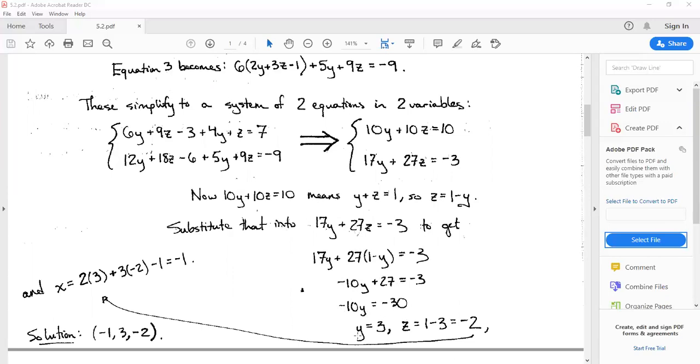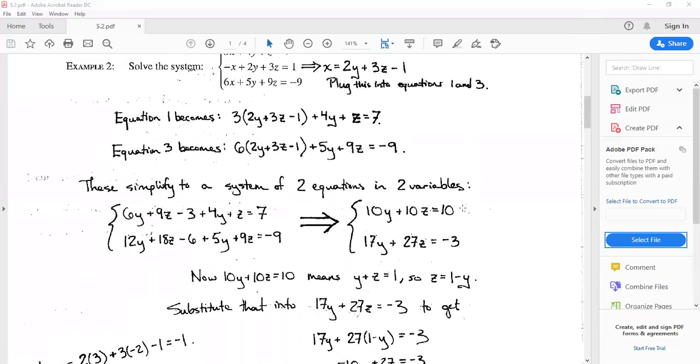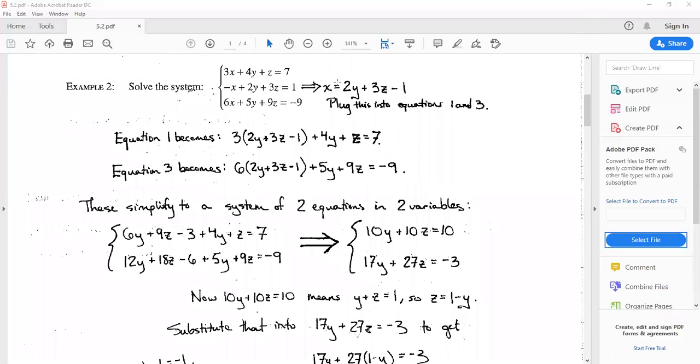But now that we have y, we can begin to go backwards and unpack to get z and then get x. So if y equals 3, then z, which I know is 1 minus y, must be 1 minus 3, aka minus 2. And then back at the beginning, we found x was 2y plus 3z minus 1.